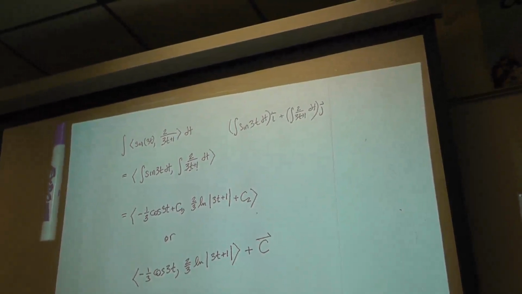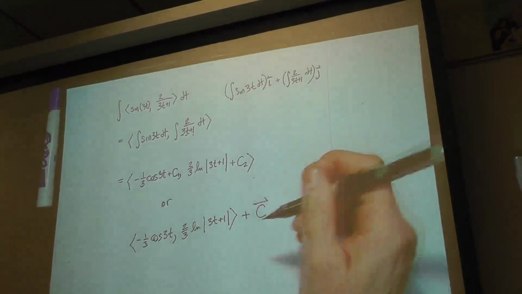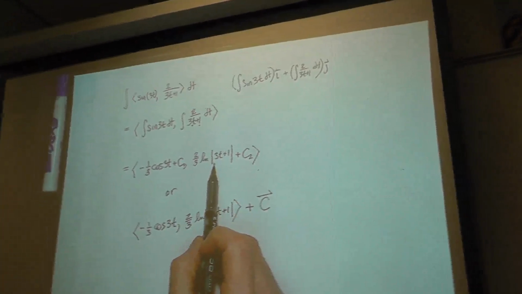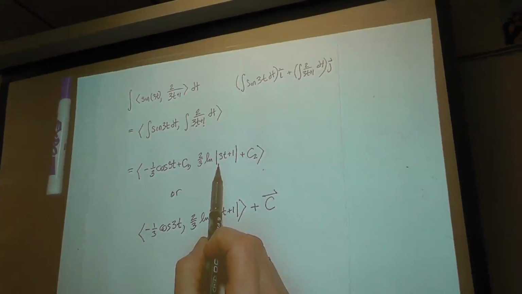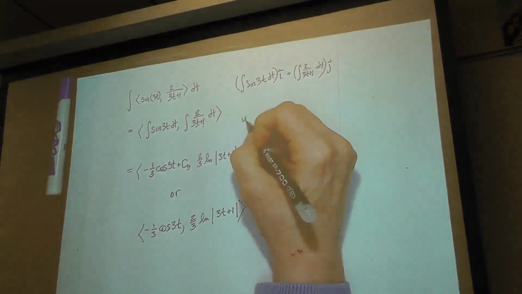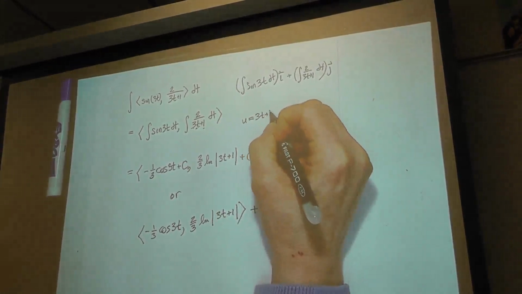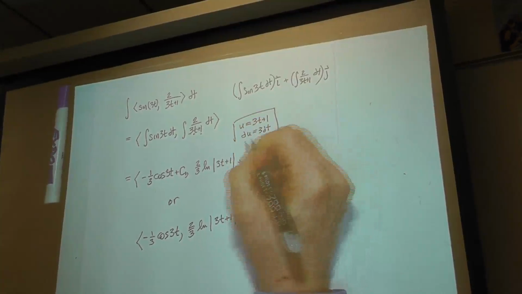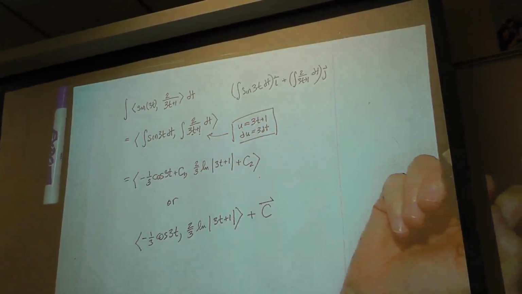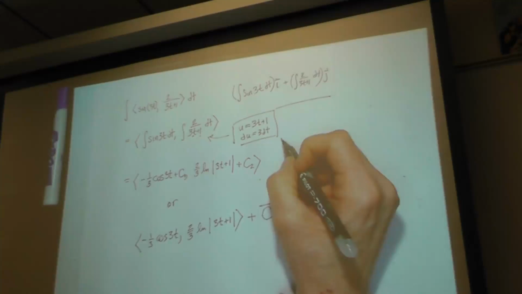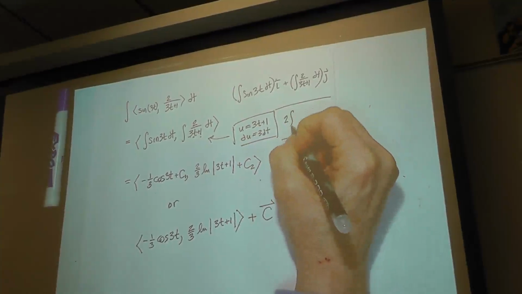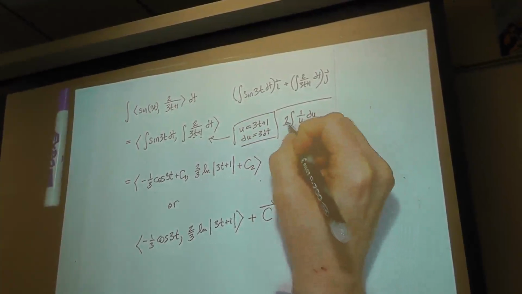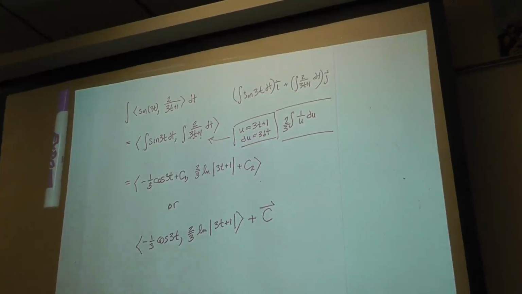If you don't understand, ask. The other thing is, I'm going from here to here without putting in between steps. If you need me, I can easily go u is 3t plus 1, du is 3 dt. That's the u substitution. And if that doesn't get the job done, this is the actual integral that I end up with.